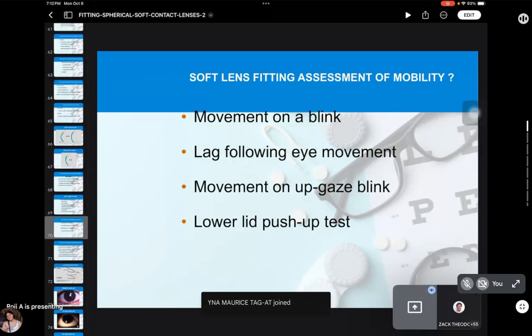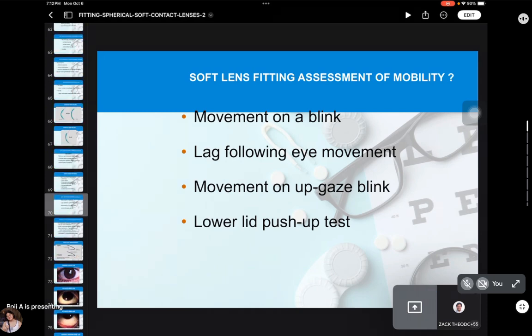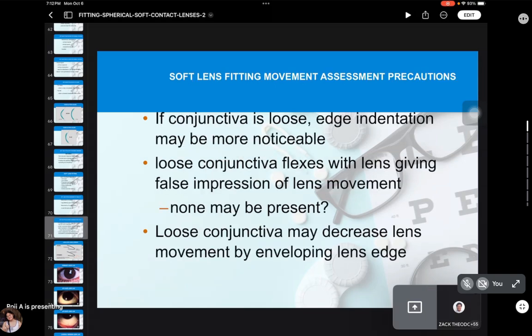Soft lens fitting assessment of mobility, meaning the movement. So: movement on blink, lag following eye movement nasally and temporally, movement on up gaze when looking up, and your push-up test, which I have shown you last time.